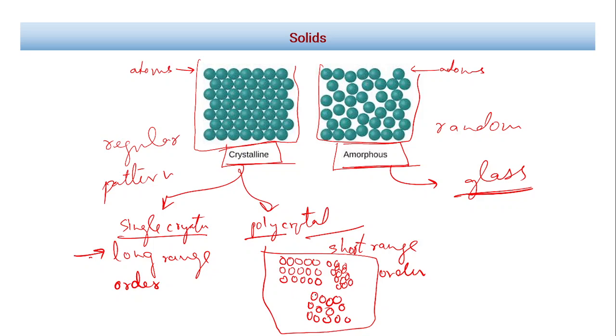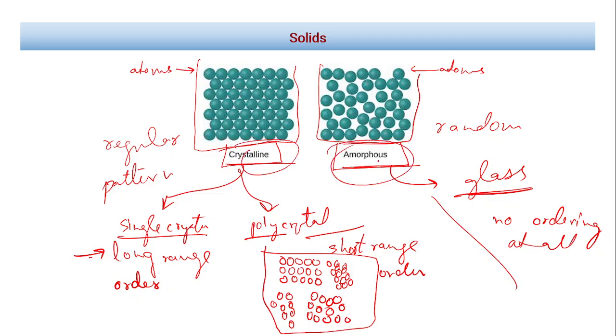So this is a polycrystal, which will be in some other direction, maybe another chunk. In glass, there is no ordering at all. No pattern, no regularity. So single crystal, polycrystal, glass, or just broadly we can categorize into crystalline and amorphous, because our discussion soon is going to be very much based on this.